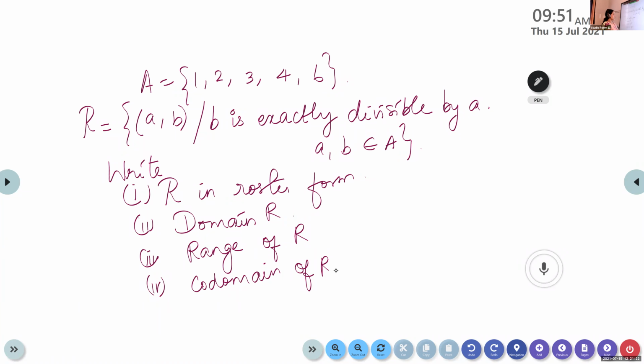Okay. First write what is R in roster form. It is given: the second element is exactly divisible by the first element. So which are the possible elements you will get?